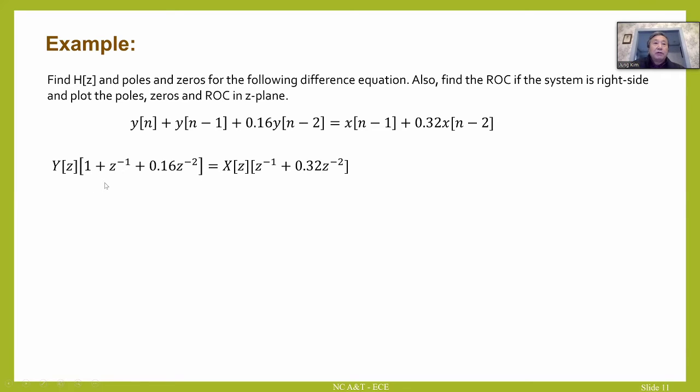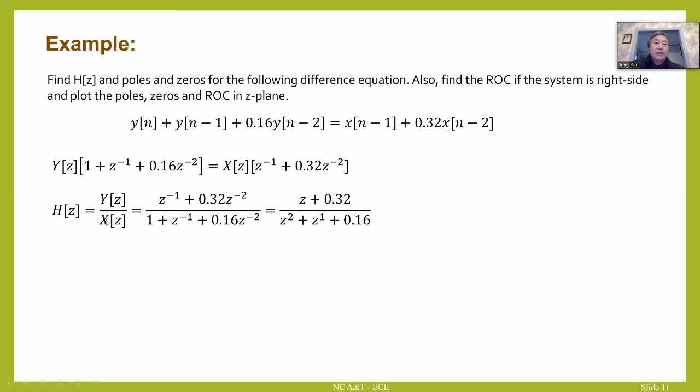So take the ratio Y of z over X of z, which is H of z. The numerator part is this one here, and the denominator part is this one here. This is a second-order system, so each term is multiplied by z squared.